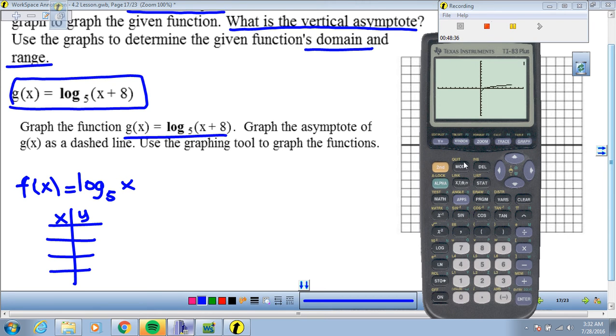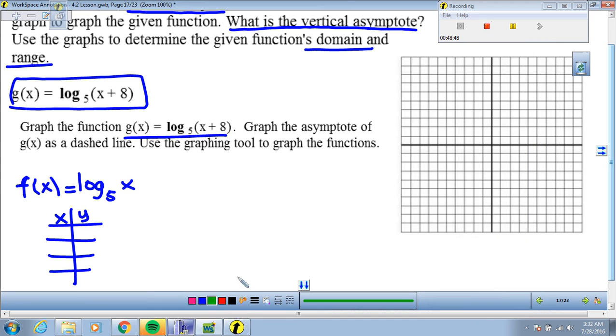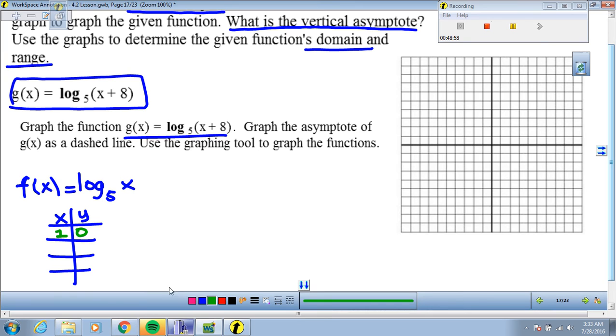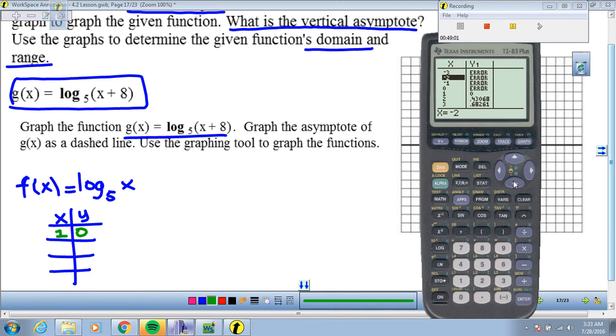Let's get some points. Oh, in my table, let me fix it. Auto. So don't start with 0 because that's going to be an error. So start with 1, 0. You can use 5, 1.